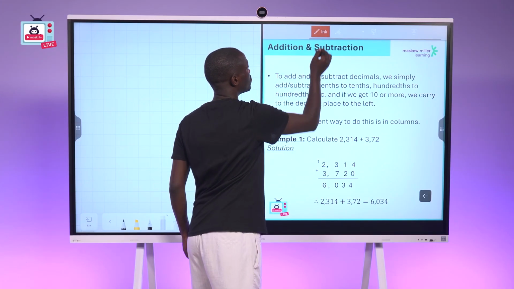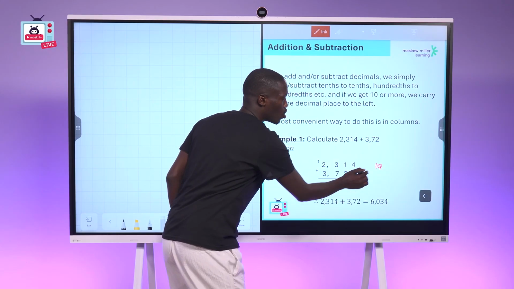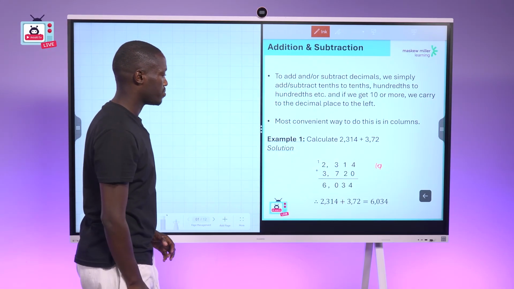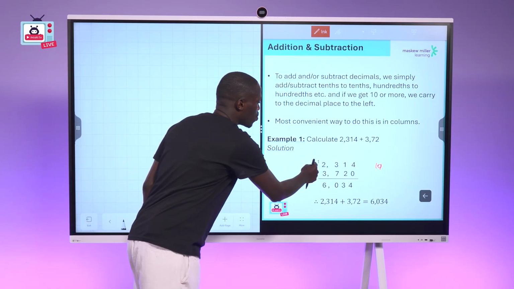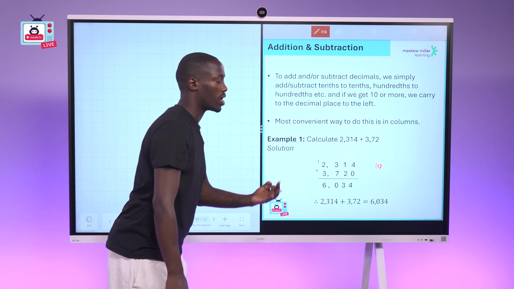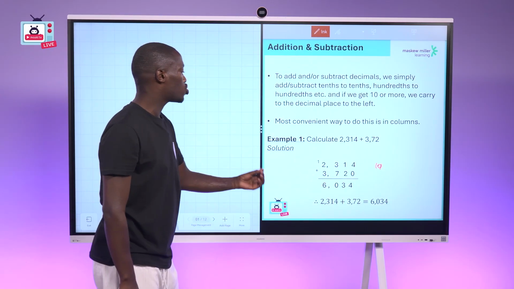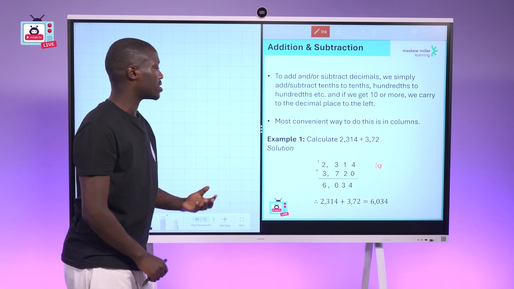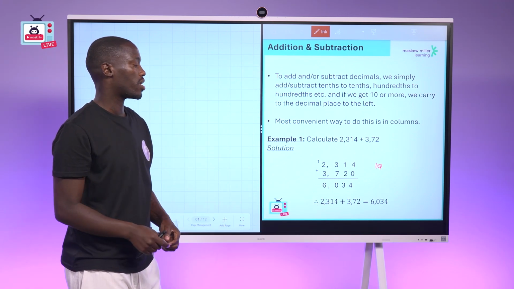From that 10 we take the 0, and the 1 we carry over to the number on the left, the same way we've been doing with whole numbers. Now it's 1 plus 2, which gives you 3, and 3 plus 3 gives you 6. So that means 2,314 plus 3,72 gives you 6,034.